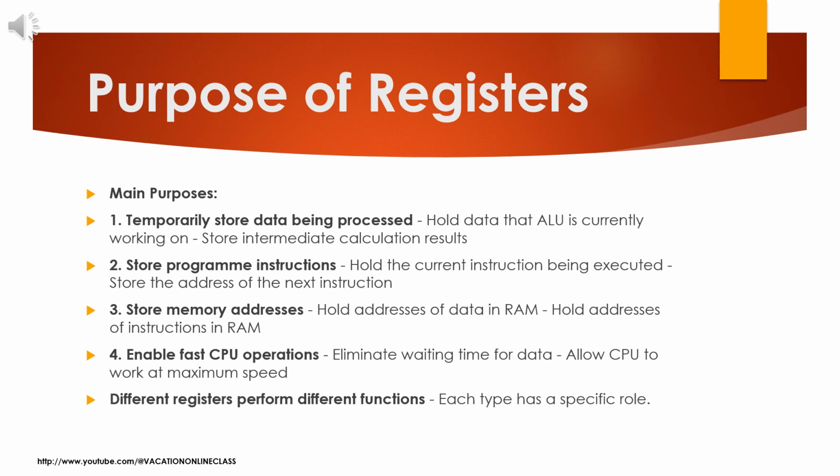Now let's look at the purpose of registers. While they are small, they are essential for keeping the CPU running efficiently. They serve four main purposes. First, they temporarily store data being processed.